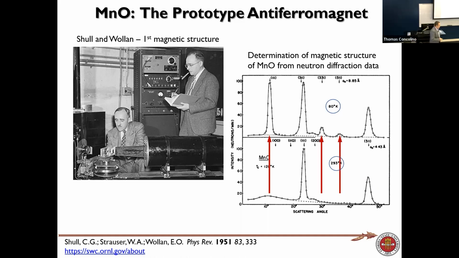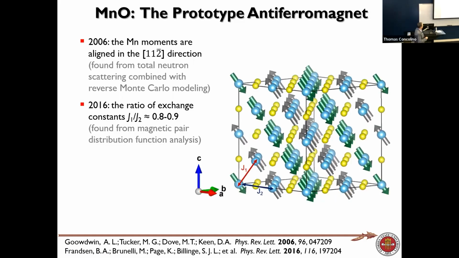You can then integrate it, find the magnetic structure of the material. In particular, manganese oxide is really a prototype antiferromagnet. It shows doubling in the unit cell in all three directions, because half of the manganese spins in the 1-1-1 planes go one way and in the next plane they go the other way.